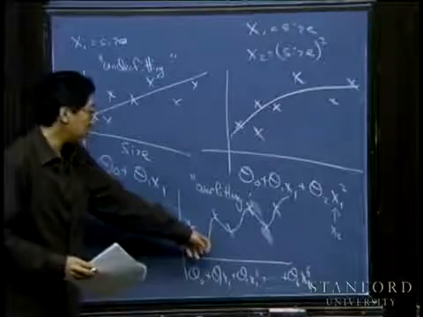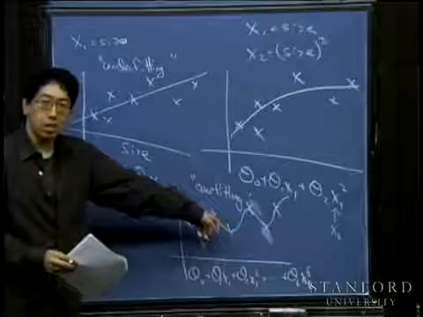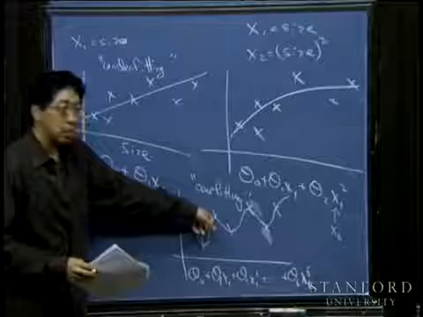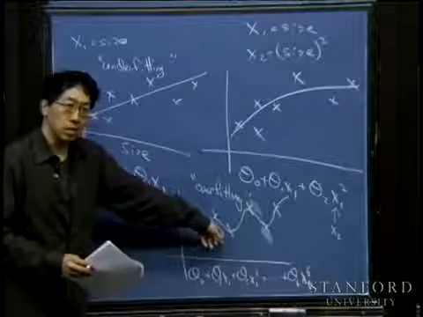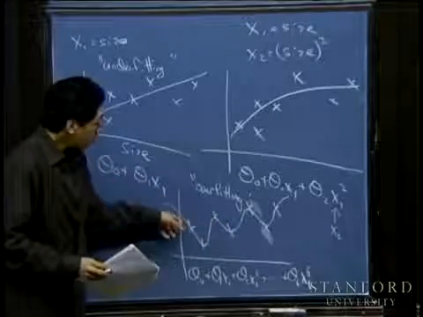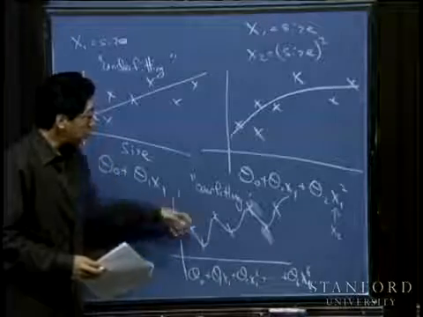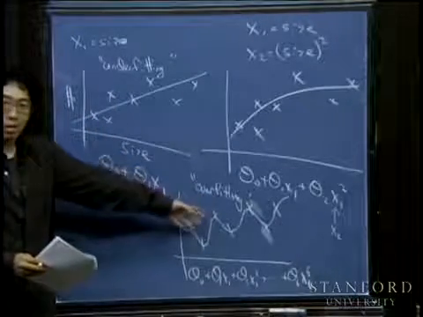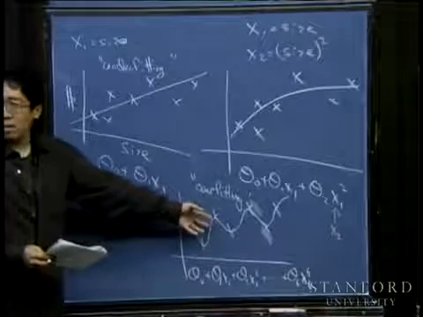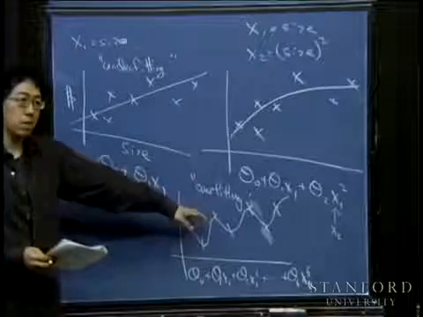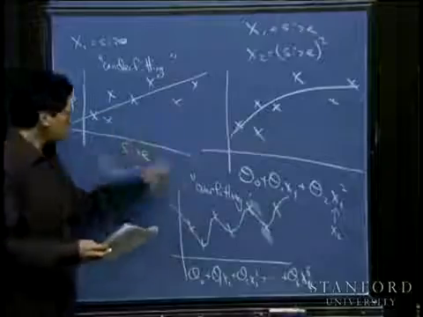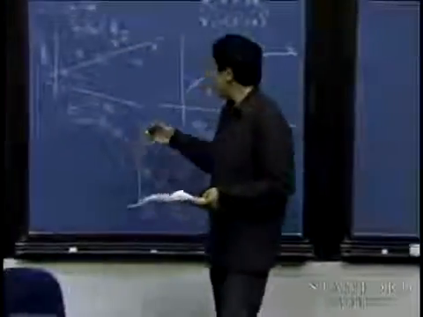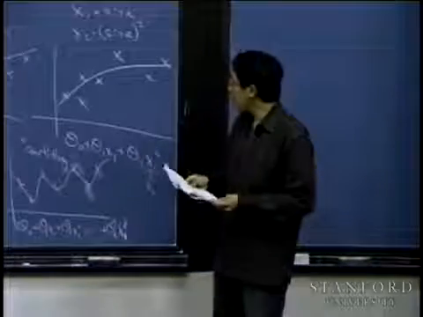It just so happens that of the 7 houses we sampled in Portland or wherever you collect data from, that house happened to be a bit more expensive, that house happened to be a little less expensive. By fitting a 6th order polynomial, we're fitting the idiosyncratic properties of this data set rather than the true underlying trends of how housing prices vary as a function of the size of the house. Okay? So these are 2 very different problems. We'll define them more formally later and talk about how to address each of these problems.